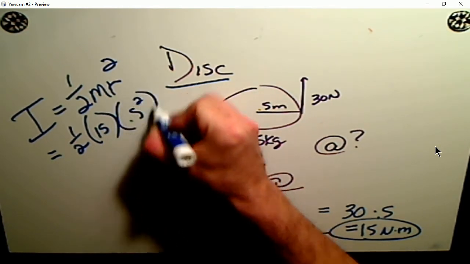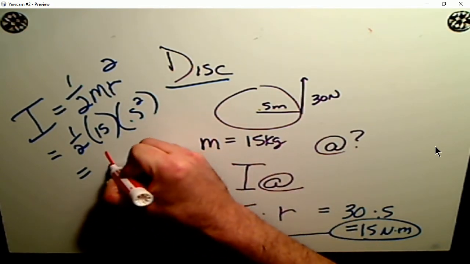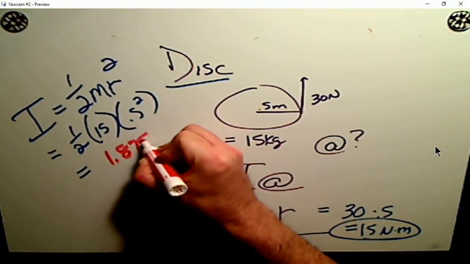So we square that. So the moment of inertia is 1.875.